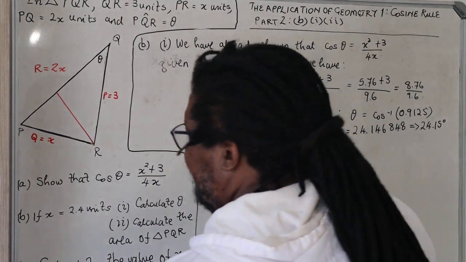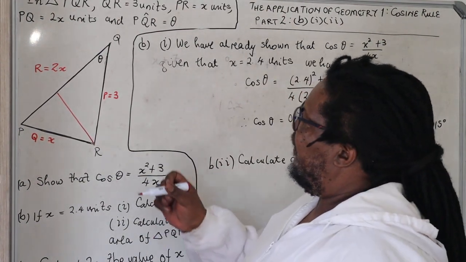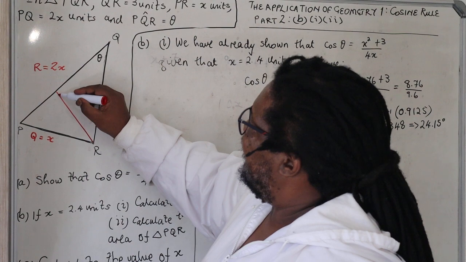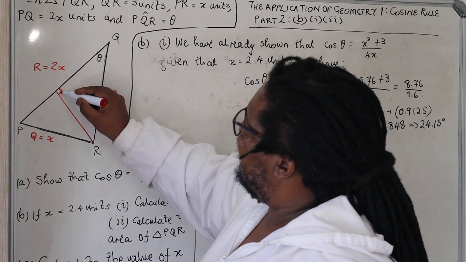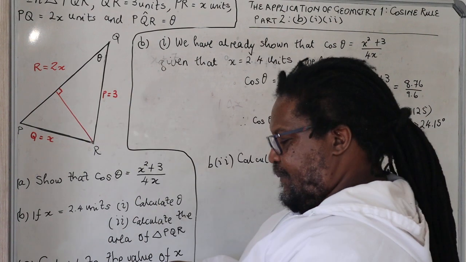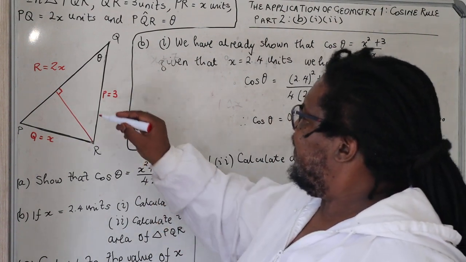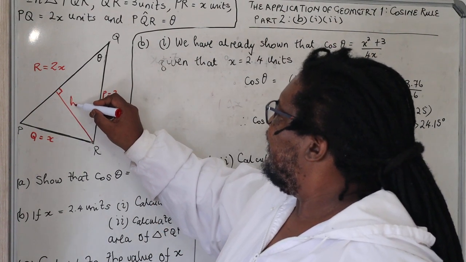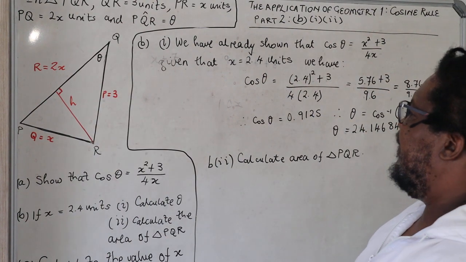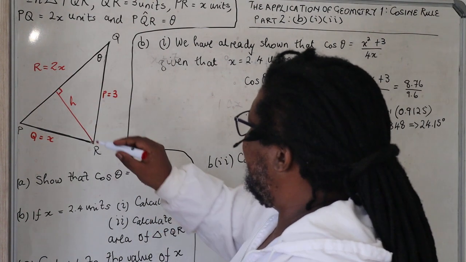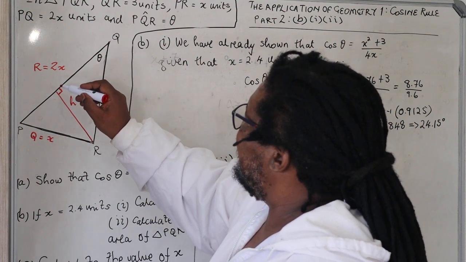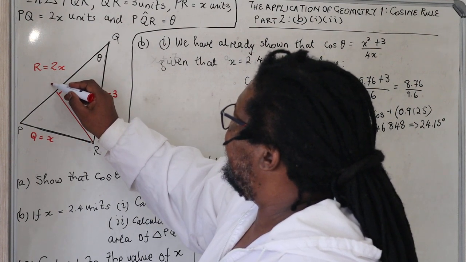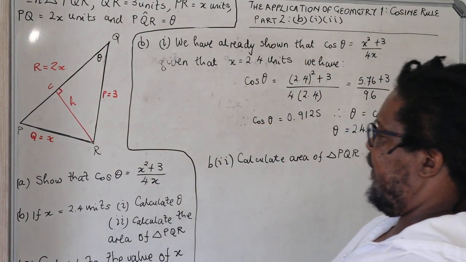So that's our height. The height always meets the base at 90 degrees. So this is H, and we can call the point where the height meets the base C, just for reference sake.